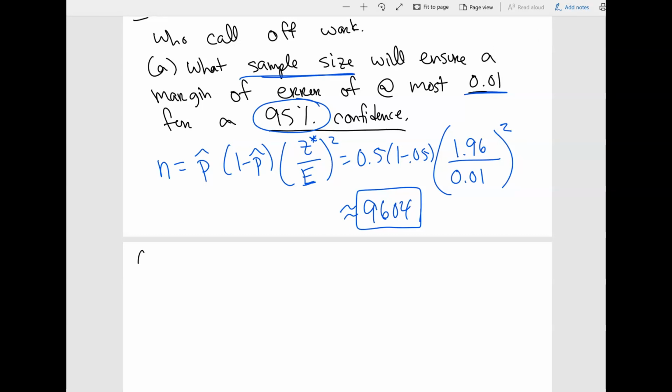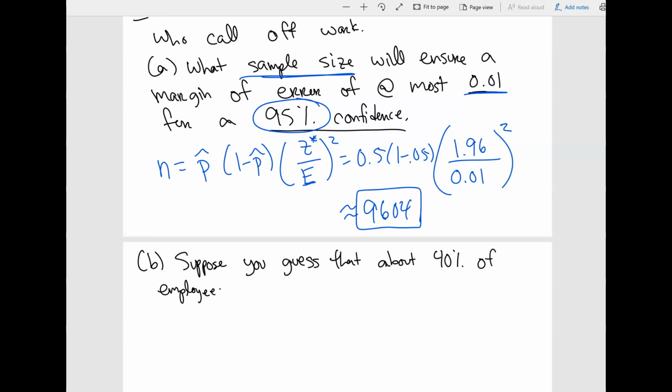Okay, and now let's do part B. Suppose you guess that about, I don't know, 40% of employees call off work.